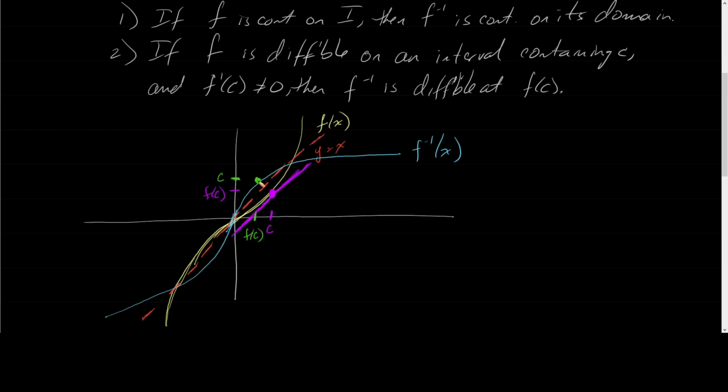And here, this is also going to have a tangent line. It's implied that it exists because of the fact that this one exists. That's what this is telling us: in our function f, we know that a slope exists there and it's not equal to 0. Then on its inverse, that will also have a slope. That's essentially what this is telling us. Now, how do we find that slope is the question.